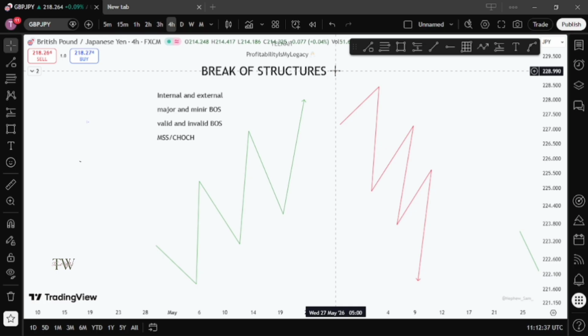Structure is like the bedrock of everything you're doing as a trader. If you understand structure, 50% of your problem as a trader is already cancelled, if you ask me. And it's not even if you ask me, I think it's factual. So that is why it's important that you keep improving on your knowledge of break of structures.